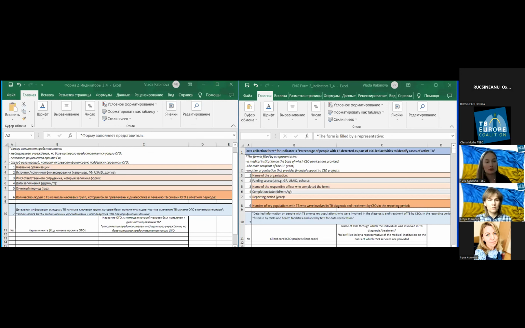And I have another idea about the proportion of case finding. If we use different approaches to calculate the percentage of case finding, primary healthcare calculates it in comparison to the people who turned for the health examination, for the health check.